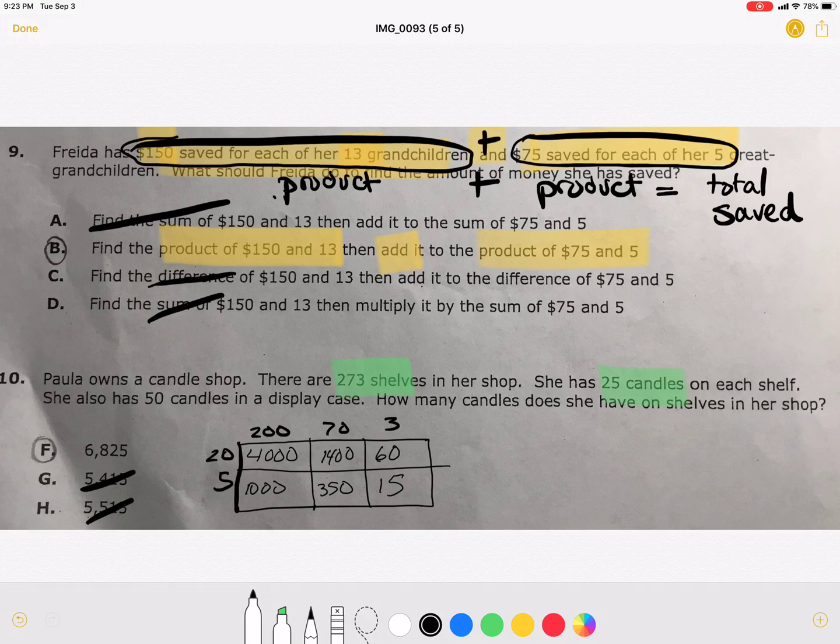So that's 5,460. And that one's going to be 1,365. Cool. So we add those up. 5 plus 0 is 5. 6 and 6 is 12. Oh, that's looking better because that matches our answer.